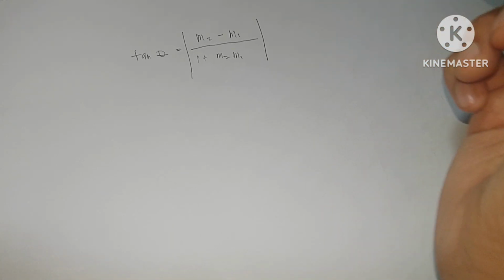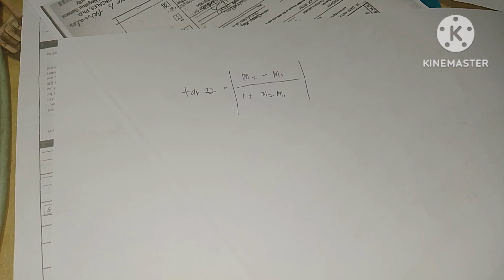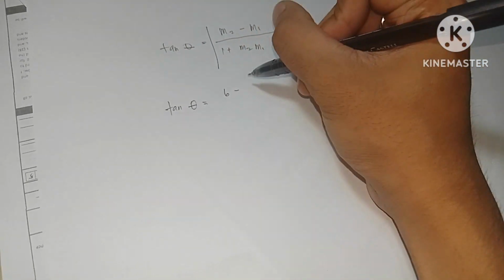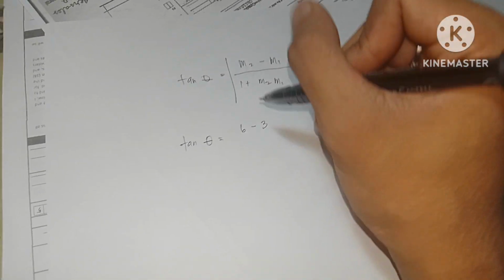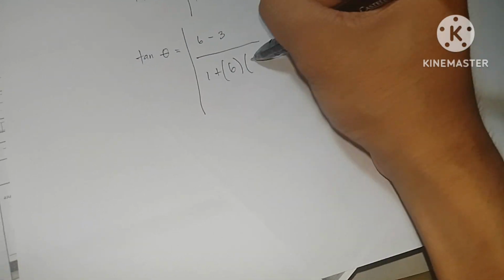Next, we will substitute the values of m1 and m2 into the formula. So tan theta is equal to the absolute value of m2, which is 6, minus m1, which is 3, over 1 plus m2, 6, times m1, 3.